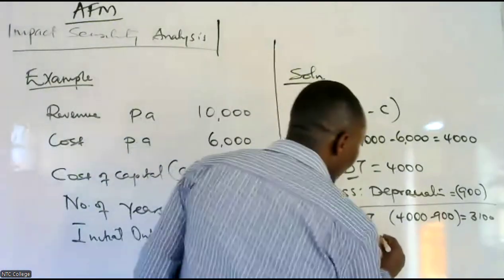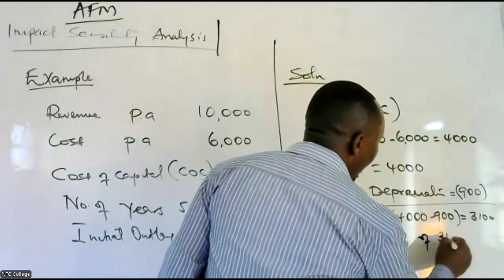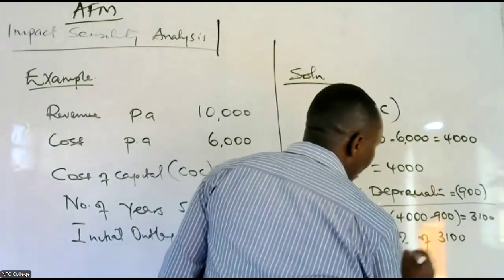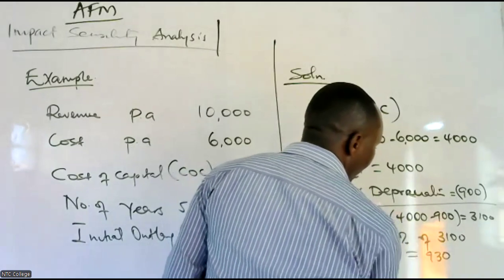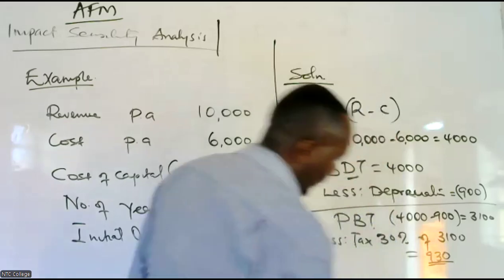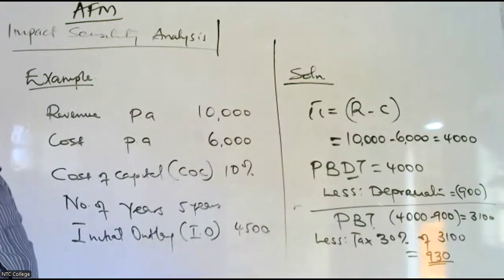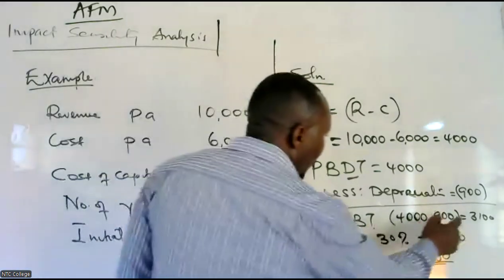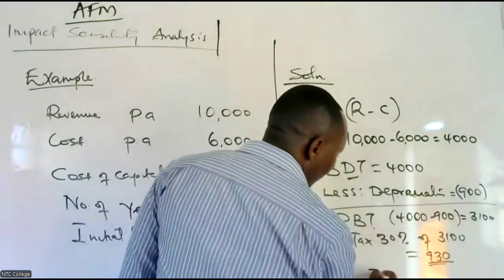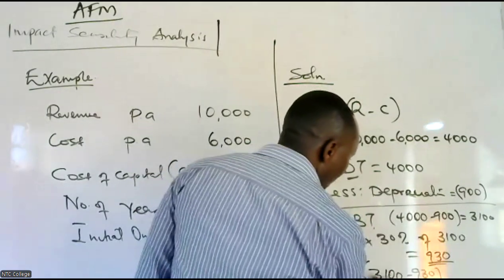Tax is 30% of this, so you say 30% of 3,100, and that will be how much? 930. Now, when you less 930 from this, so it is 3,100 minus 930. What do you get?